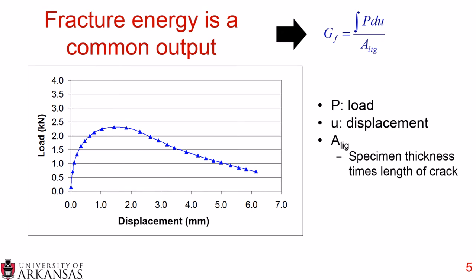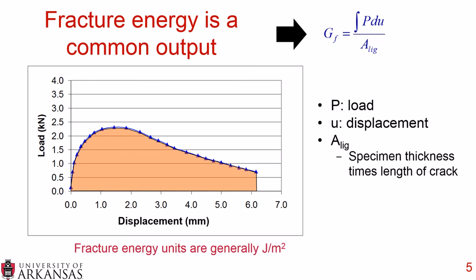So again, if we have our load displacement curve, which we saw previously, we're simply taking the area under this load displacement curve, and then we're dividing that by the ligament area, or the specimen thickness times the length of the crack. And a very common unit for fracture energy is joules per meter squared.